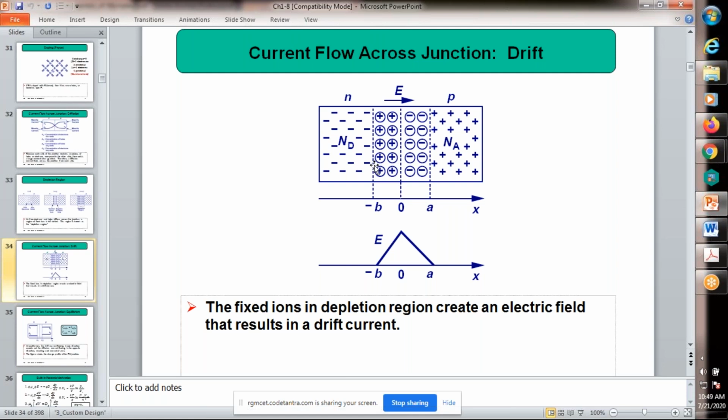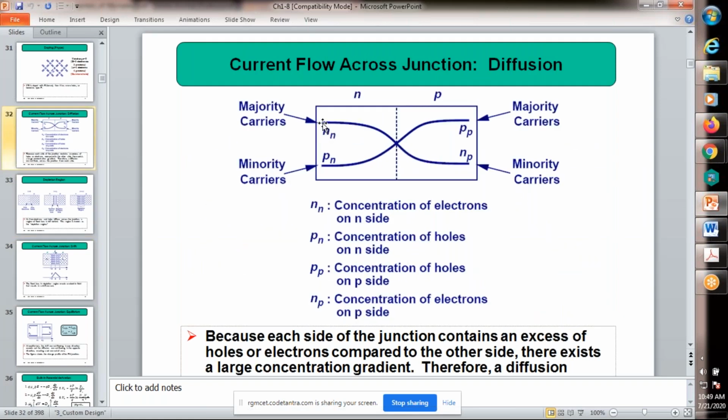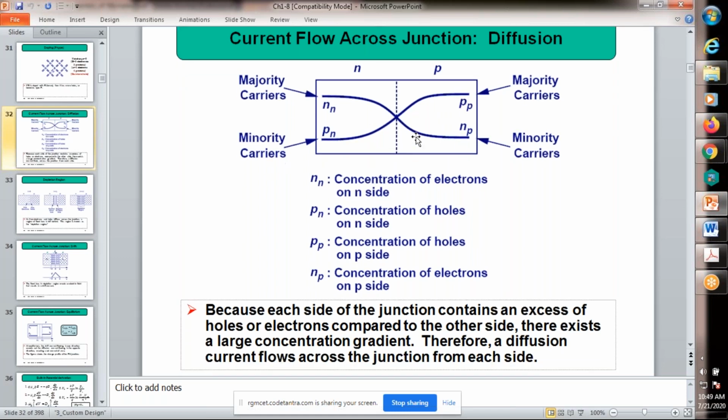So both are in opposite directions. Diffusion current is equal to drift current, and the final current flowing through the semiconductor is 0. Remember this. Initially, majority carriers flow from N type to P type. Whenever the depletion region is created, it opposes the flow of electrons on the N side, and similarly opposes the flow of holes on the P side. Now diffusion current stops.